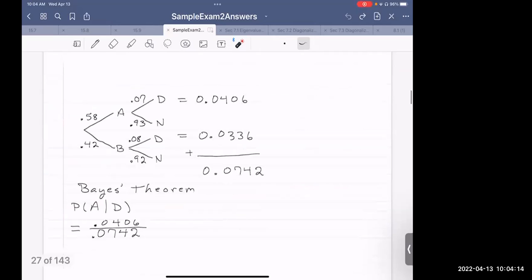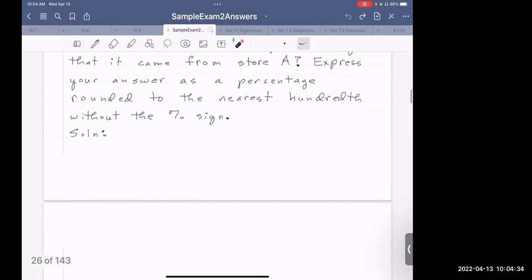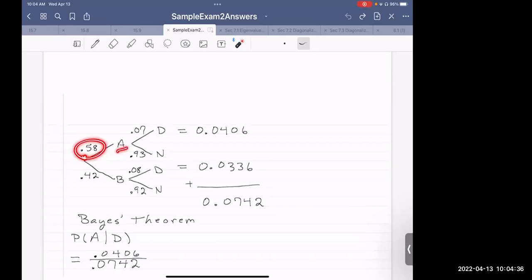And so I have here that we have 2 stores, store A and store B. We have that 58% of the sales are from store A, and the rest are from store B. So 58% are from store A, and the rest are from store B. And so, if I have a 58% probability of success, I have a 42% chance of failure.